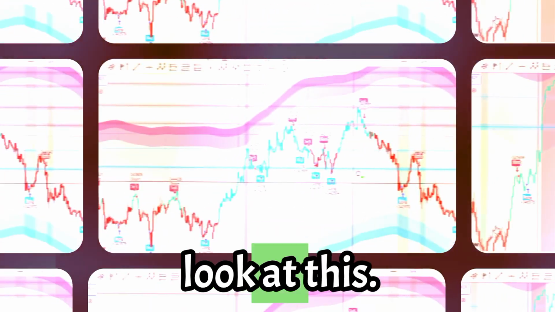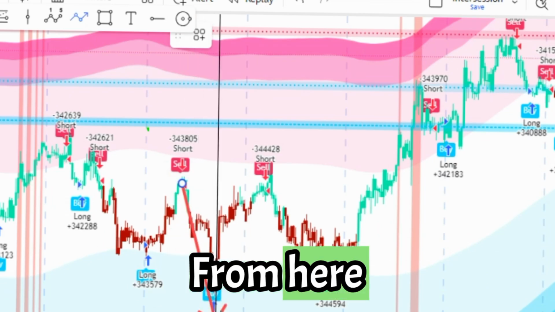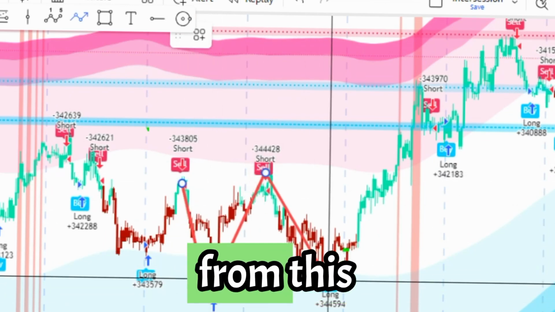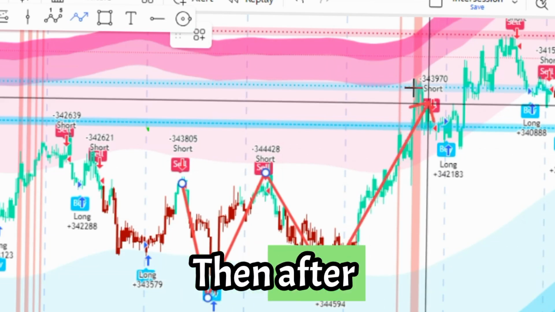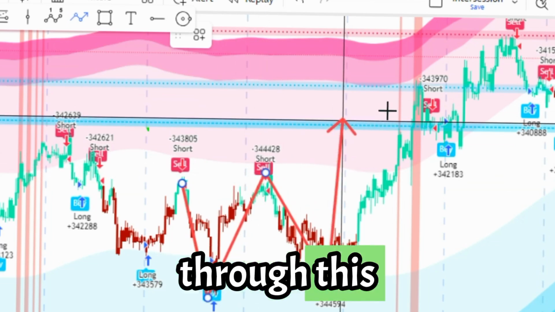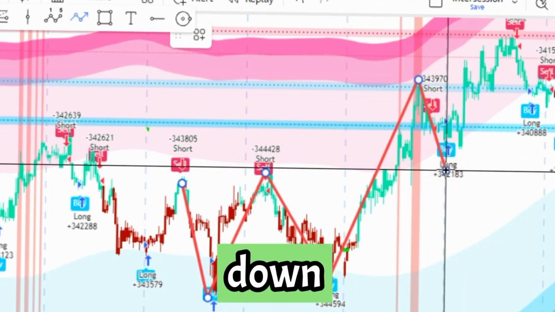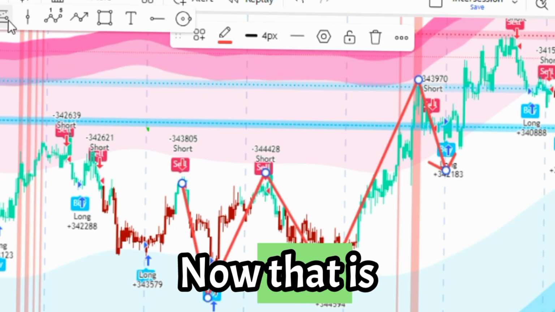Let's take a look at this. This is the market. From here, the market was coming down, ranging from this point. Then after that, the market came up. The market broke through this point here. So upon coming down, there's a long signal. That's just your signal. Now that is it.